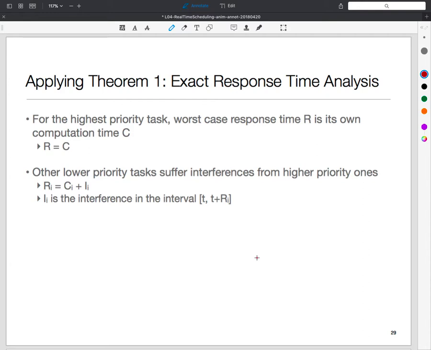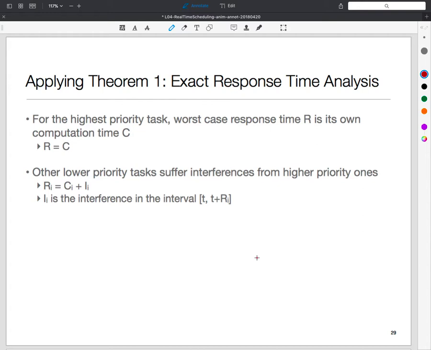The problem comes for lower priority tasks, because they can be preempted. So let's say I take a lower priority task i, and I look at its response time. That is, from its arrival, when will it finish? It will at least take the amount of time for its computation. It has to run once, and then it is going to be preempted by higher priority tasks.